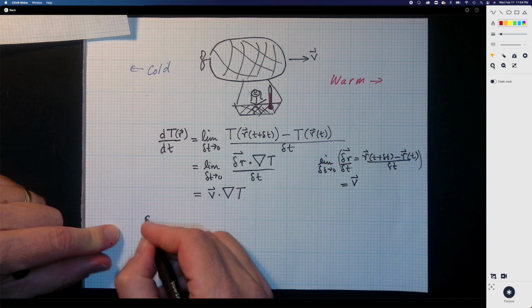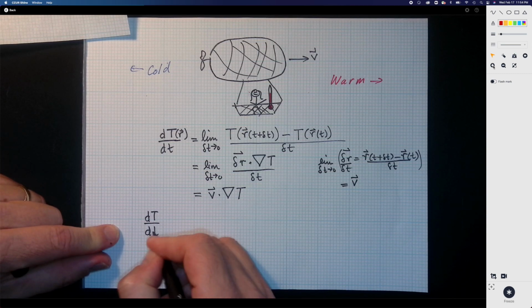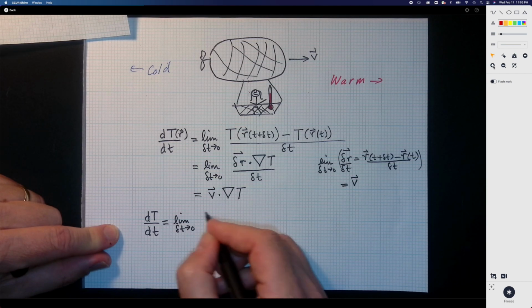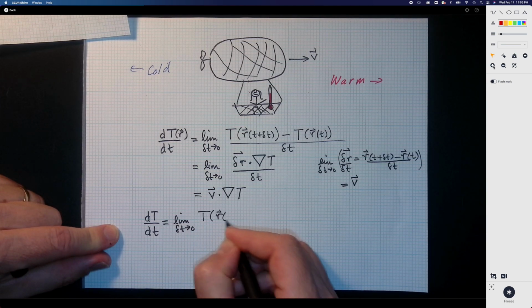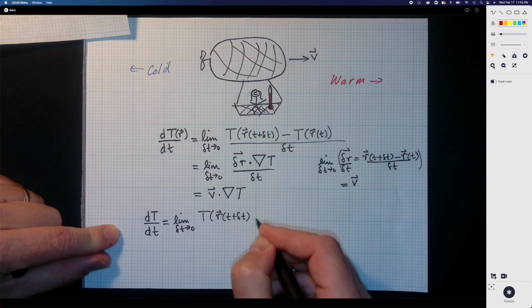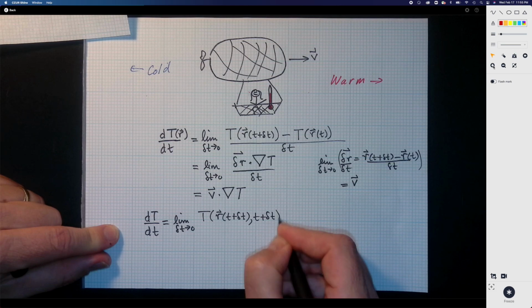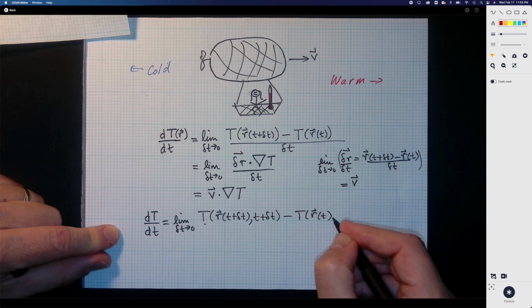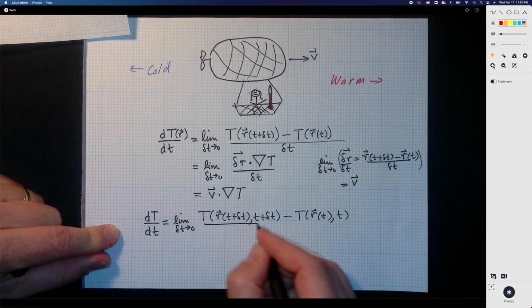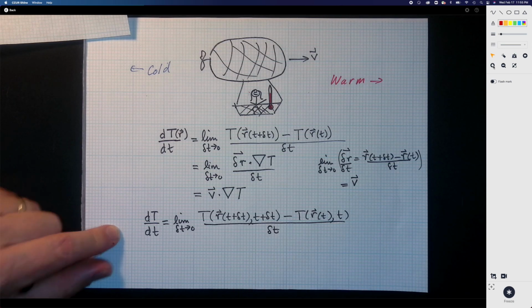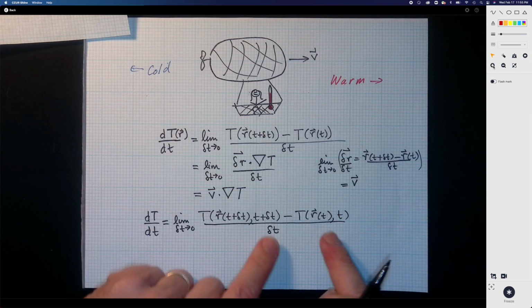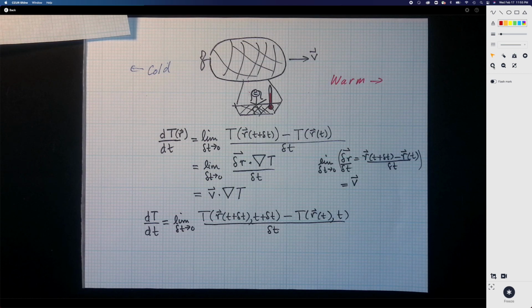So in that case, dT/dt will be the limit as delta t goes to 0 of T of r at t plus delta t, and t plus delta t. So this will be the general case where both the position is changing and the temperature itself is changing even when r is held fixed.